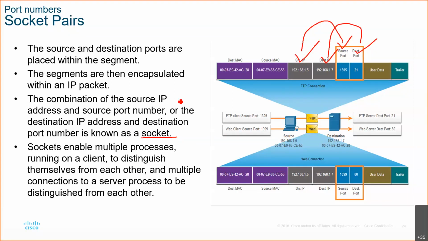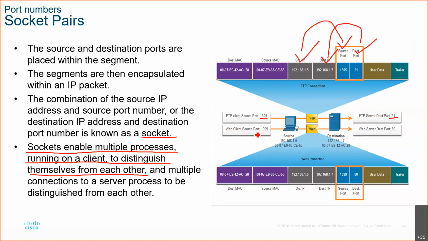So sockets enable multiple processes running on a client to distinguish themselves from each other. For example, over here, look over here, the FTP client source port 1305 communicates with the FTP port, which is 21.